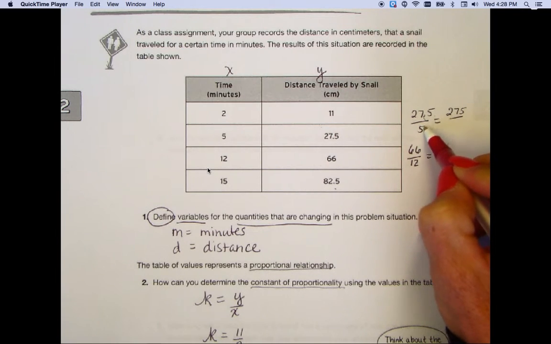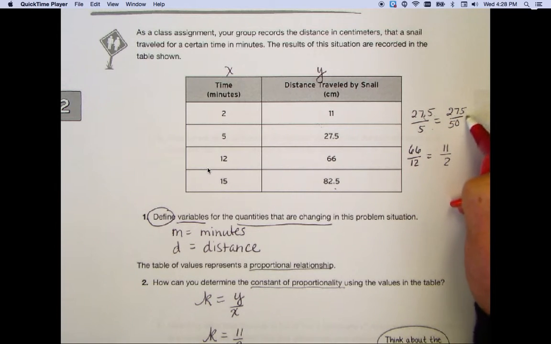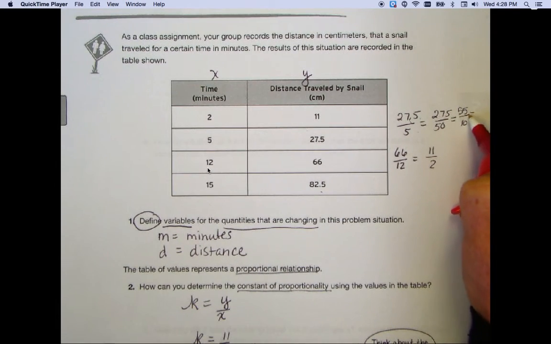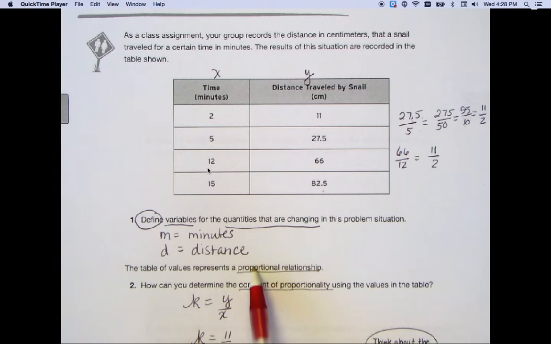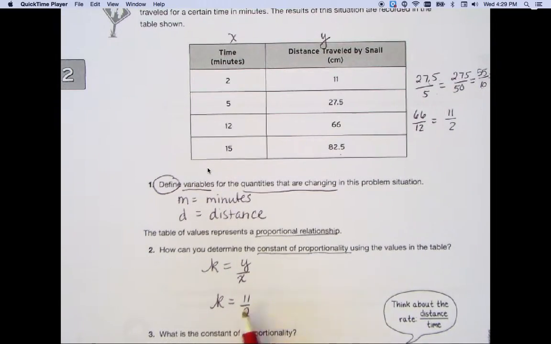So then I have to do the same down here, so it's like I'm multiplying this by 10 and this by 10. Now I see they end in 5 and 0, so 5 goes in here 10, 5 goes in here 55 times, and then I still see 5 goes in here 11, 5 goes in here twice. So all the time, when I know it's a proportional relationship, I will get a constant, and that constant in this case is 11 over 2.